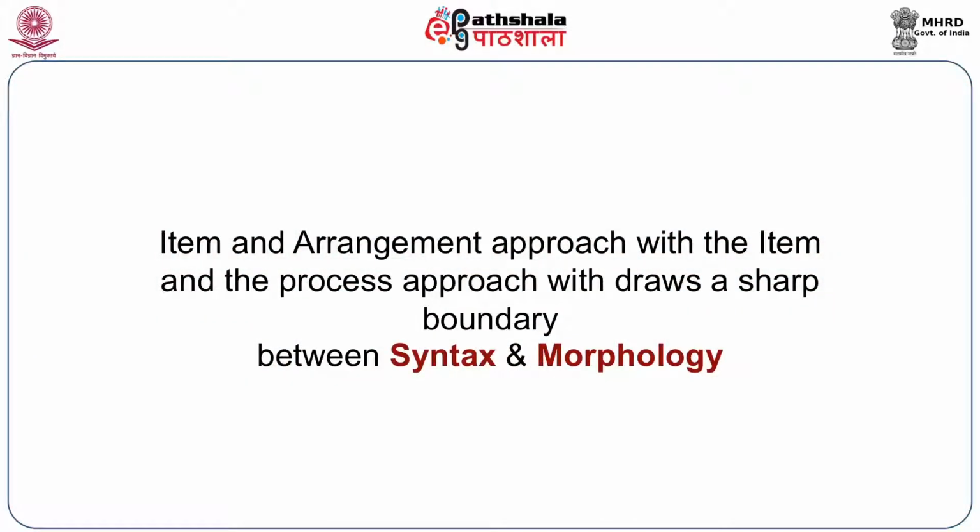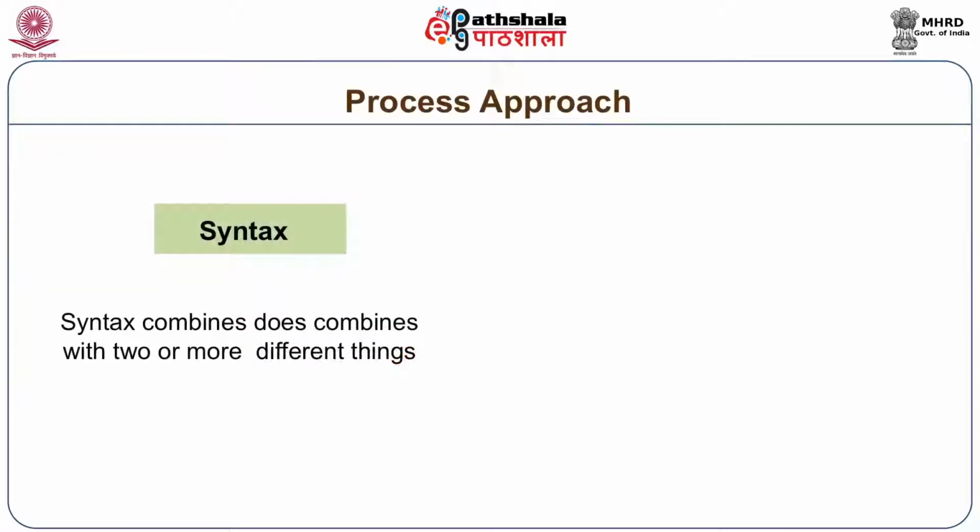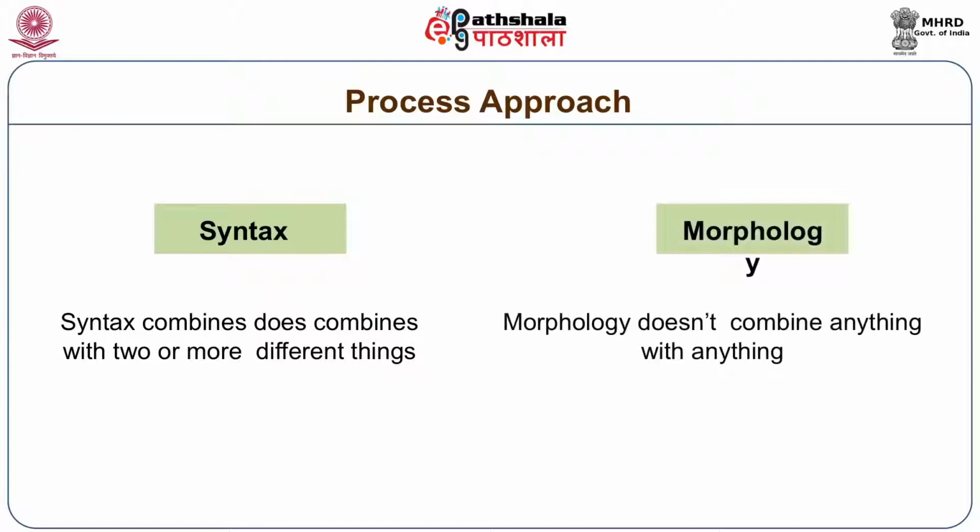We now want to take you to the heart of the problem here by contrasting the item and arrangement approach with the item and process approach, which draws a sharp boundary between morphology and syntax. Under the process approach, syntax does combine two or more different things.